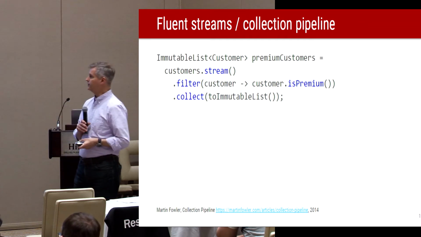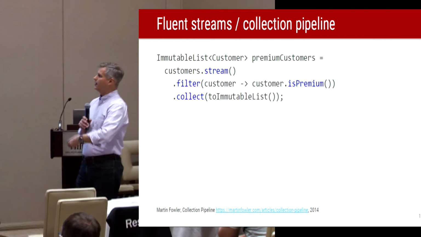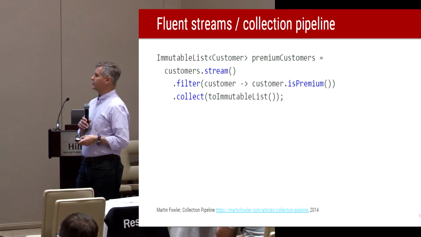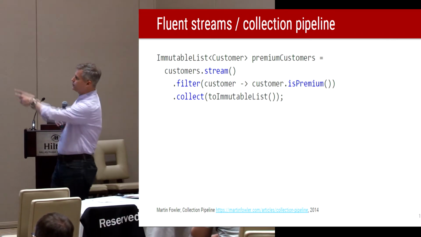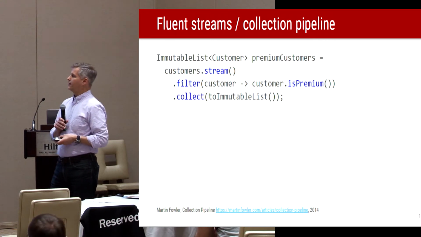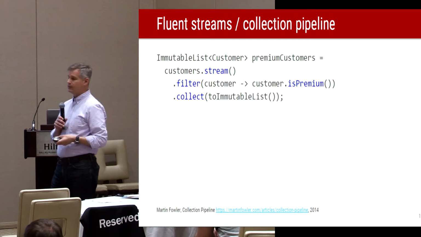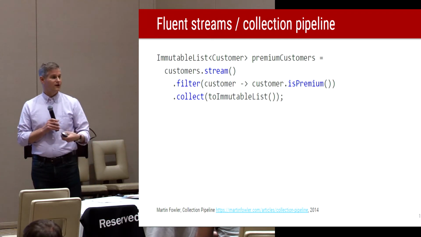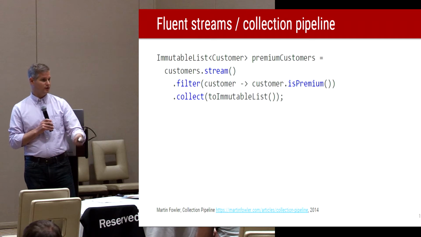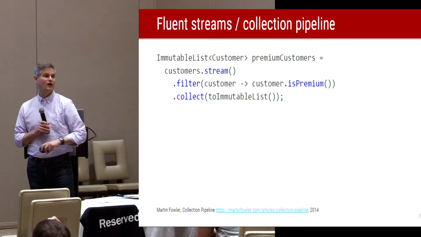In this case, we start out with the customers, and we're only going to include the customers that are premium. With the lambda in the middle, which has the arrow, if I have a customer, I'm going to invoke the method customer is premium, which returns a Boolean. For any customer that returns true, I'm going to keep that in the collection. If it doesn't return true, I'm going to drop it out of the collection.